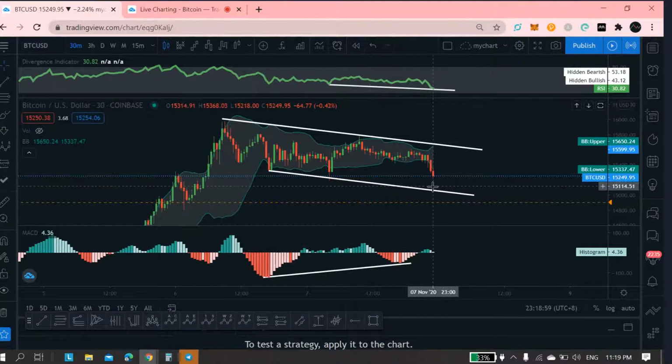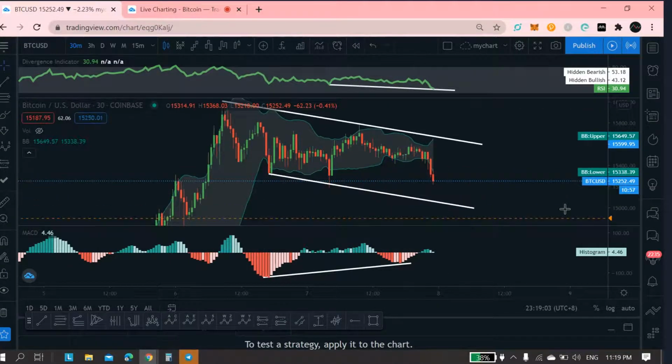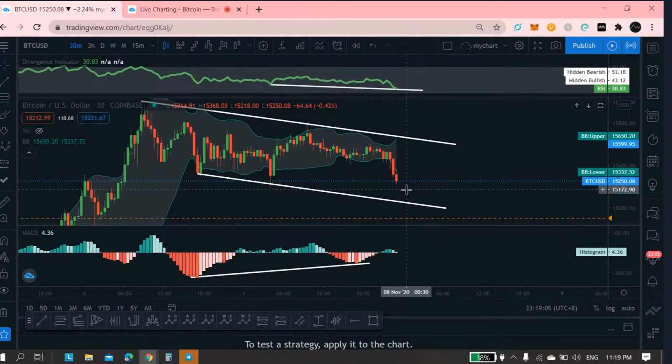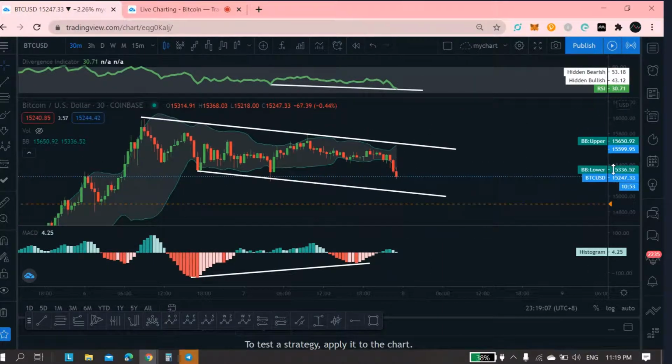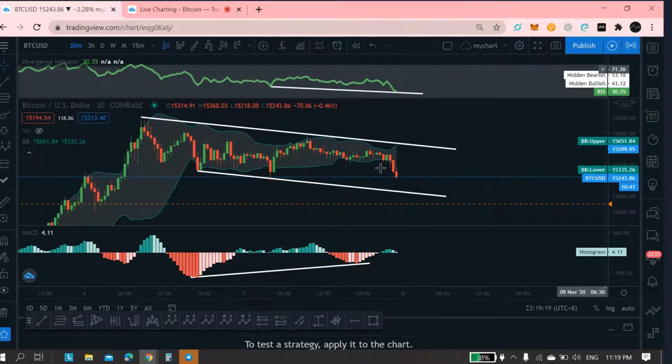It could possibly retest even lower if ever. So let's see if this holds, because it's already outside the Bollinger Band and it's big to small using this MACD histogram. And there is a possible hidden bullish divergence.